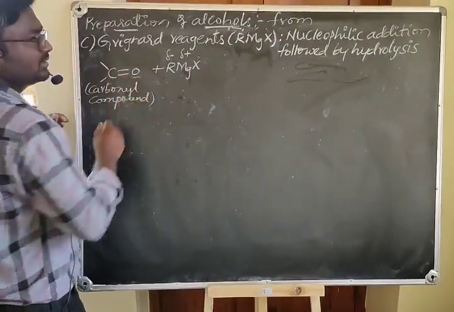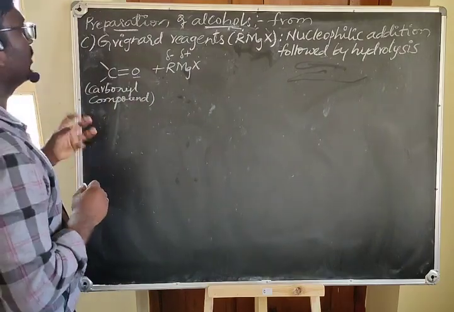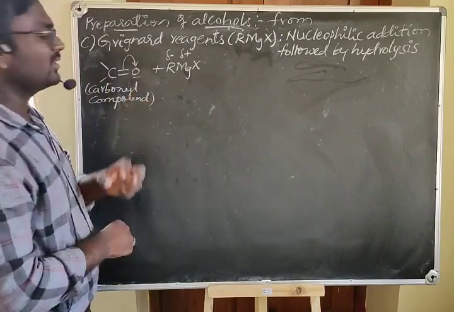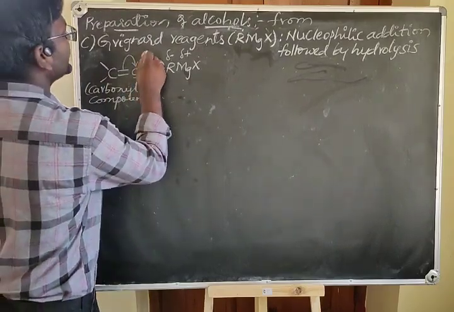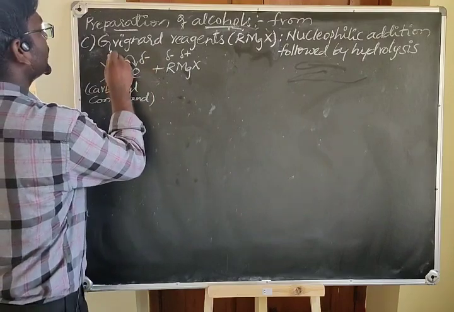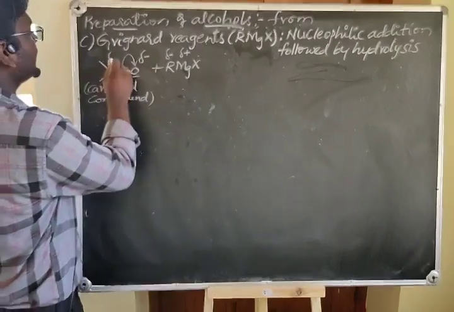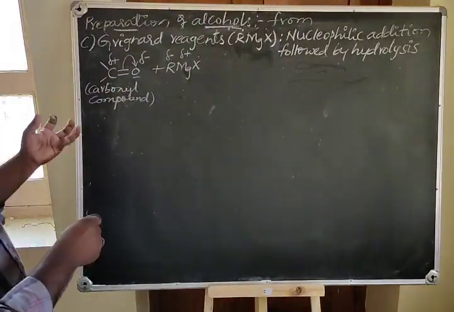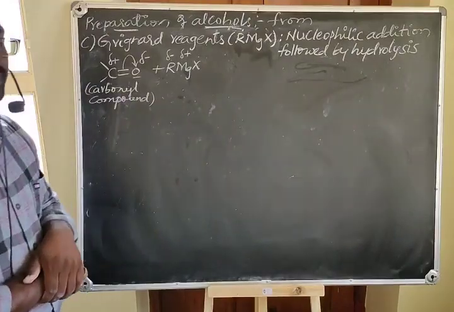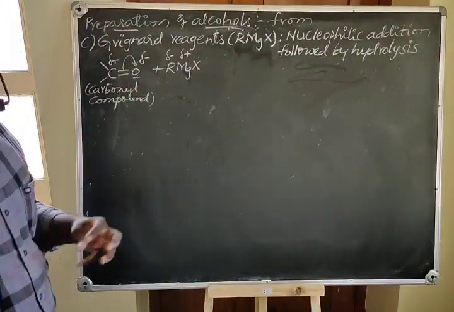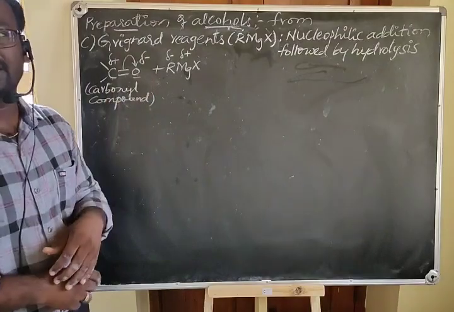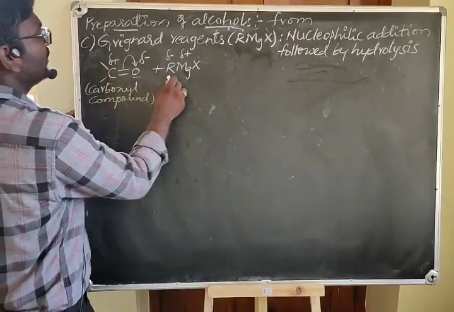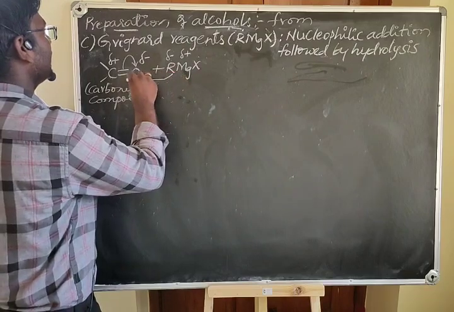You know that oxygen is the most electronegative element, so it will pull the pi electrons towards itself and slightly becomes delta minus, and due to loss of electron density the carbon becomes delta plus. So when these two are treated together, due to the opposite charges they will attract each other. Here the delta plus carbon will be attracted by the alkyl group.